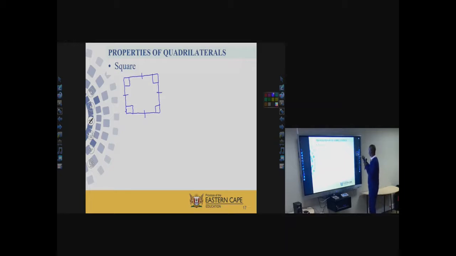Now, if you draw diagonals, and let's say this is P, Q, R, S, and the intersection, let's call it T, this will be equal to that, and that, and that. So they will be equal. Take note, my diagram is obviously not drawn to scale. So for a square, that will be the situation.